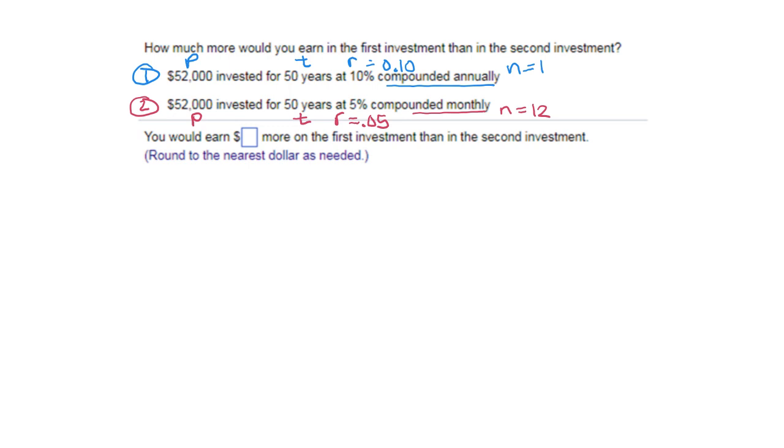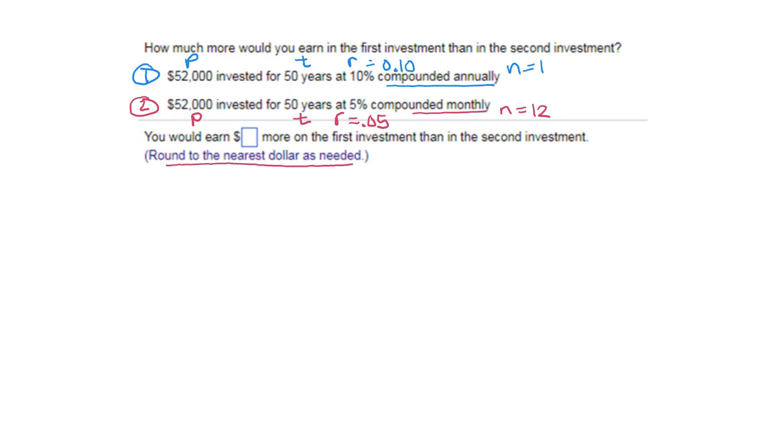So they're already telling us that we should have a larger amount accrued for the first investment. And it does say round to the nearest dollar as needed, so you always want to wait and round at the very end. Let's go grab our first investment and see what we come out with.